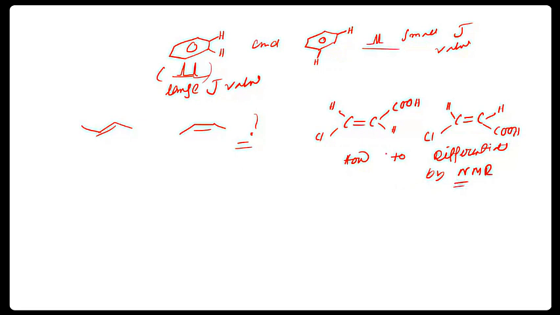So we have to see how the coupling depends. Now we see that here are protons, and the protons will couple to each other. Here we have, let's draw it carefully, H. Now in both cases, what will we get?